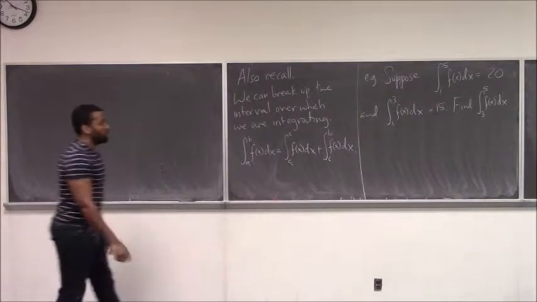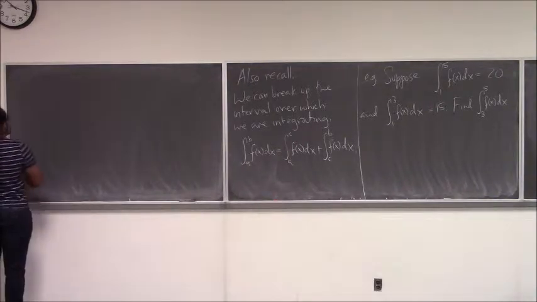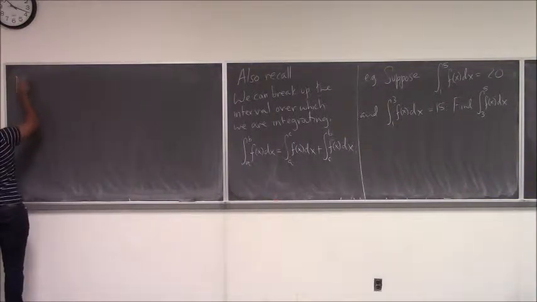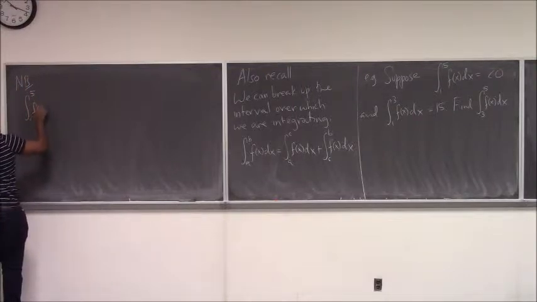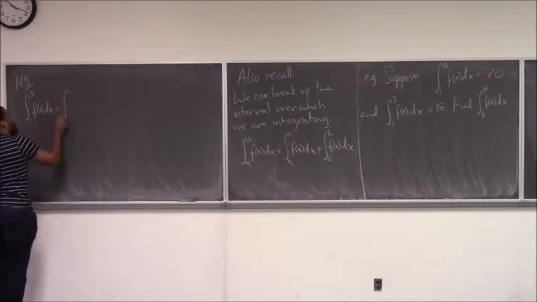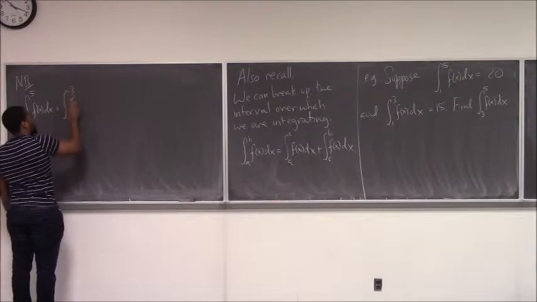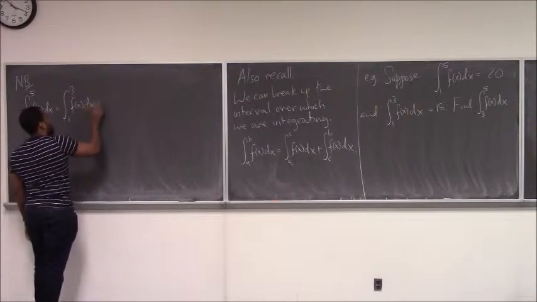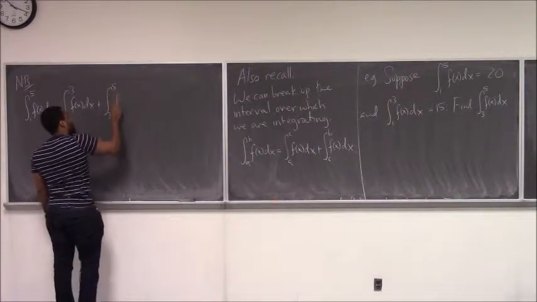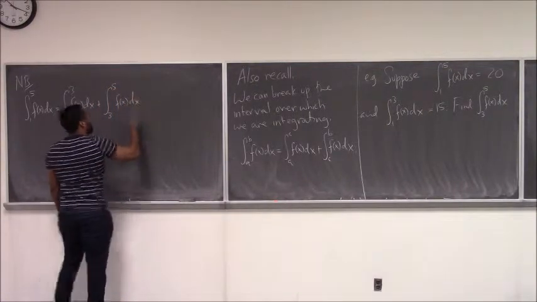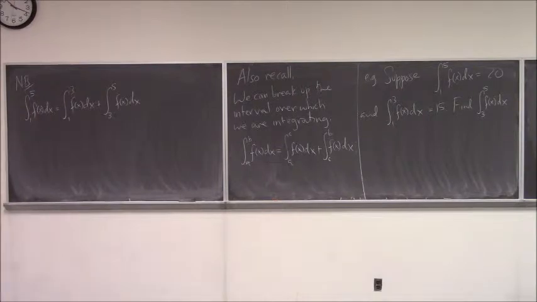So here, it's just to realize that the integral from 1 to 5, we can think of this as the integral from 1 to 3 plus the integral from 3 to 5. Sometimes they try to make this a little bit more confusing.